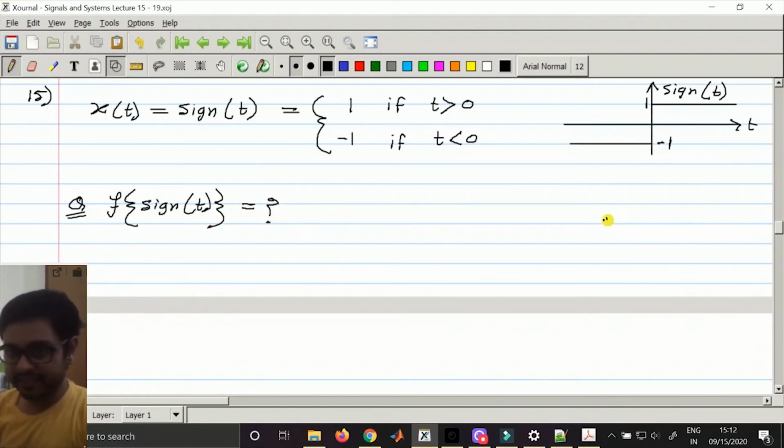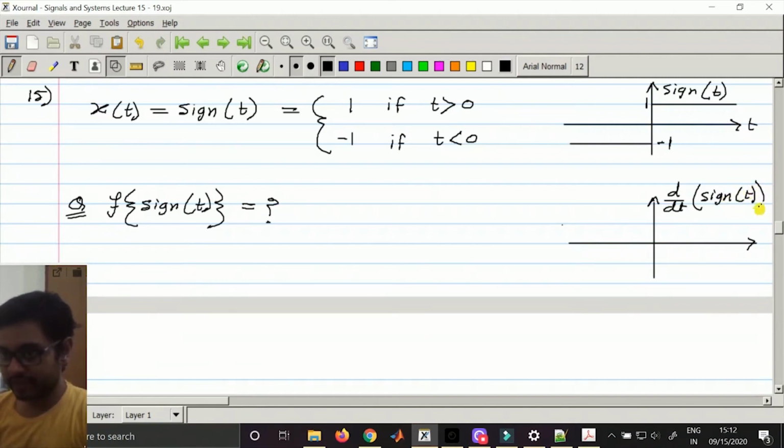Let me find this answer in the following way. Let me first draw the signal which is the time derivative of signum t. As you know, the derivative will be 0 almost everywhere, except at the origin where we have a finite jump.